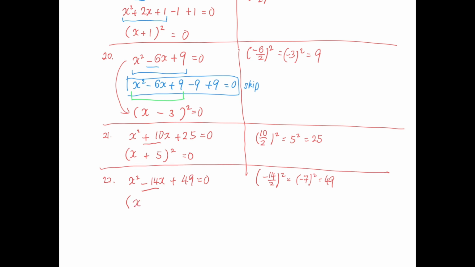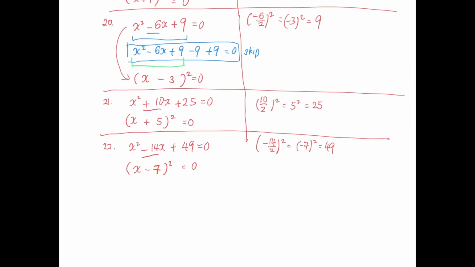We just factorize it straight away. We take minus 14 and divide by 2, so we get minus 7. We just square it and done for 22. And after that, 23. Question 23 is 6a squared minus a minus 1 equal to 0.